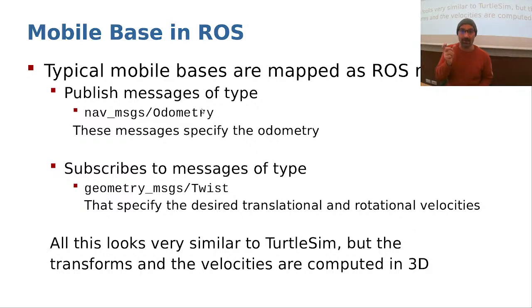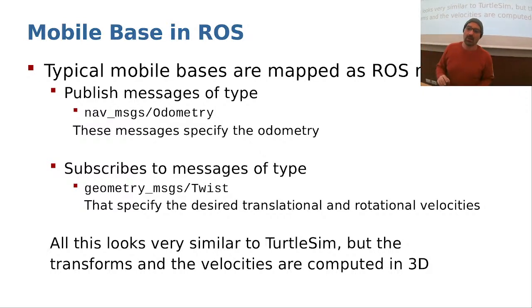You don't have the increments. Why not? Because if I send you the integrated position and you lose a message, there's no issue. But if I send you the increment every time, and you lose 10 seconds of increments, you're completely lost. If I just send you the integrated position, you will anyway be able to recover the increments because you take one, you take the next, then you calculate the difference.